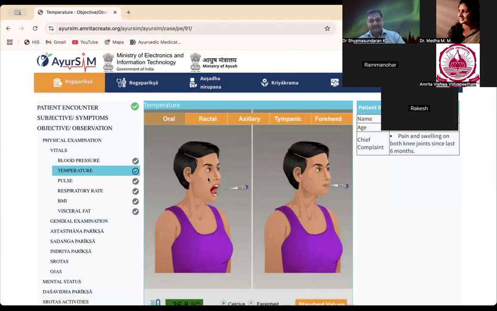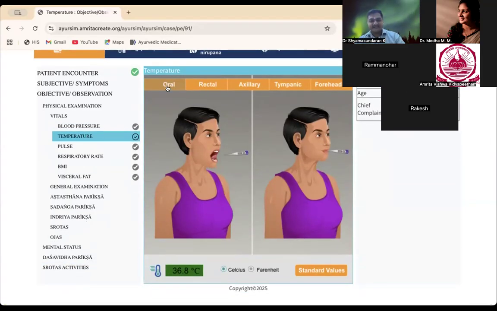Looking at the temperature, see there are different methods. Oral temperature is there, rectal is there, axillary is there, tympanic. These all of them are represented here, and their reference range is also given. So the student will know what is the actual normal reference range and how these activities are to be done.